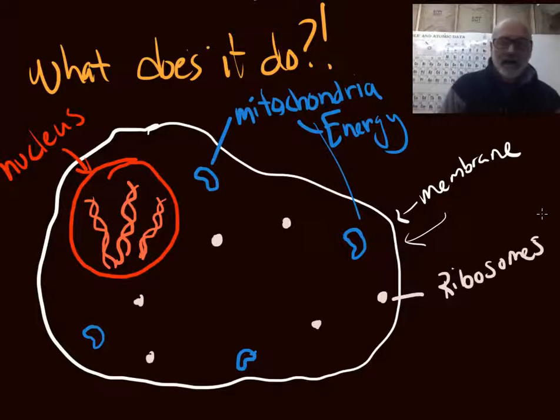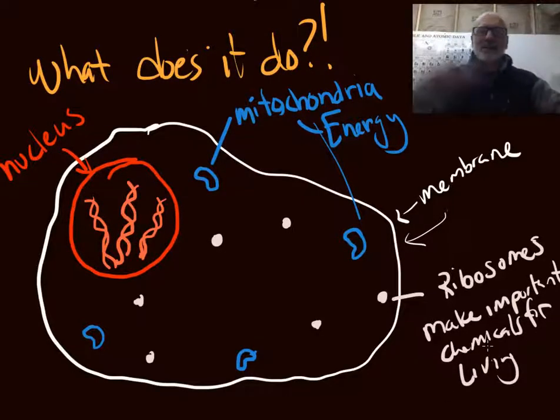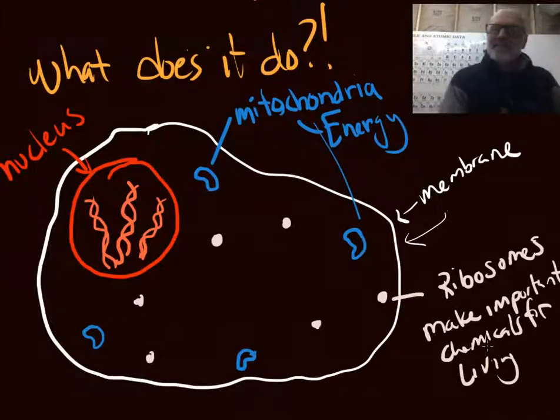Ribosomes make important chemicals for living. They make a whole bunch of things inside the cell, and they help you live. Just think of them as important chemicals. That's what they do.